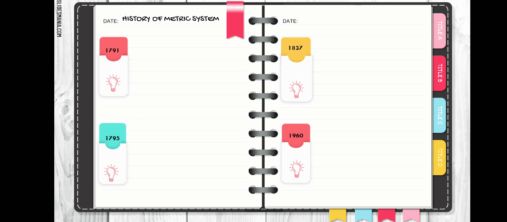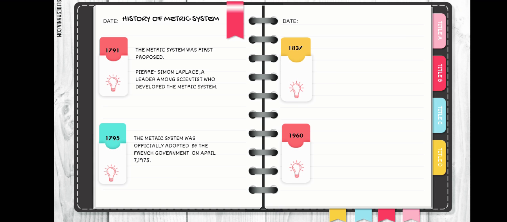So, the history of the metric system. During the year 1791, it was the French who discovered it. It was first proposed by a group of scientists led by Pierre-Simon Laplace.